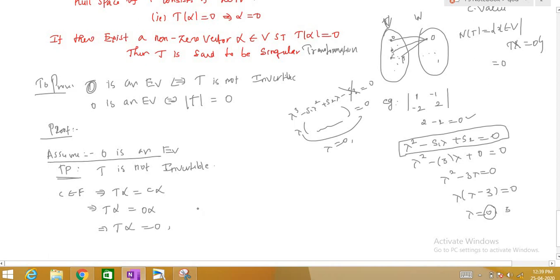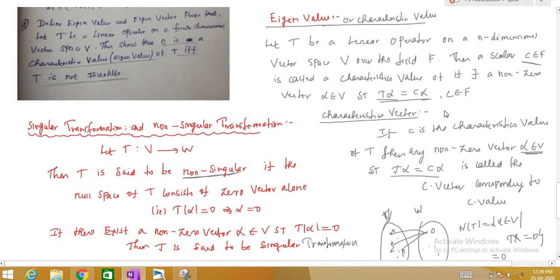T alpha is equal to 0. This alpha belongs to V, right? So this means our transformation is singular. Why? Because there are many alphas that are mapped to 0 here. You can see that there exists a non-zero vector alpha belongs to V. So here the alphas are non-zero vectors.